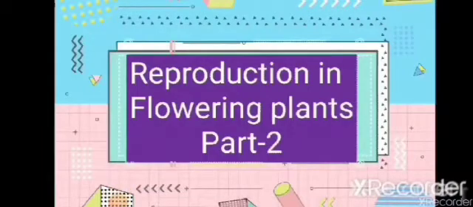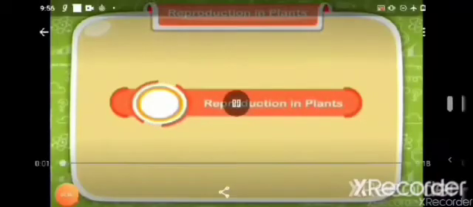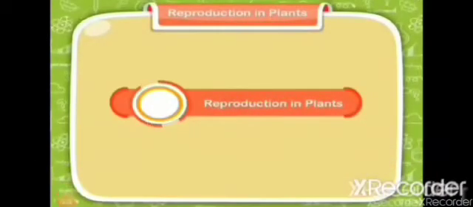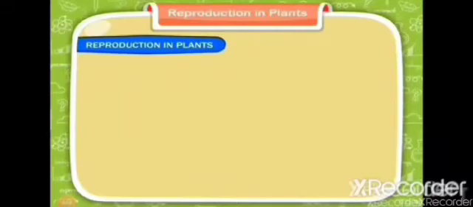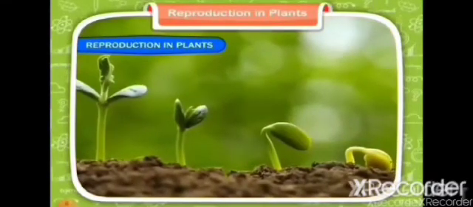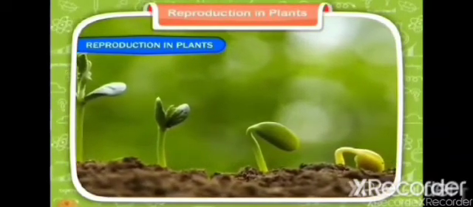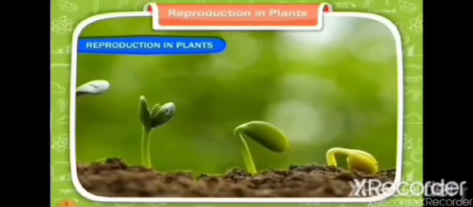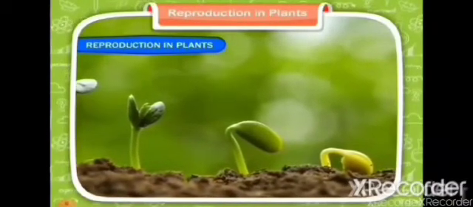Hello children, here is the part 2 video of reproduction in flowering plants. So here we go. Reproduction in plants. I will try to make you understand the process in a simpler way, students. Like animals and human beings, plants also reproduce to make sure the continuation of their species.